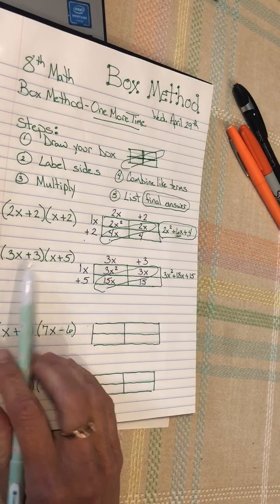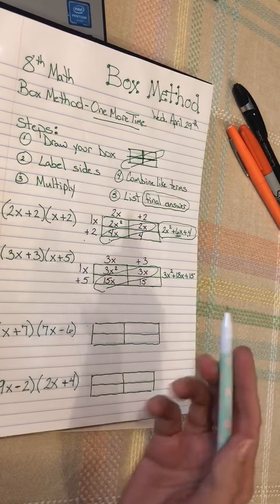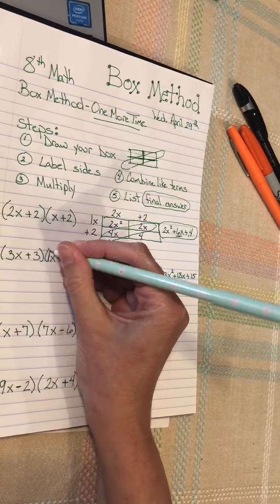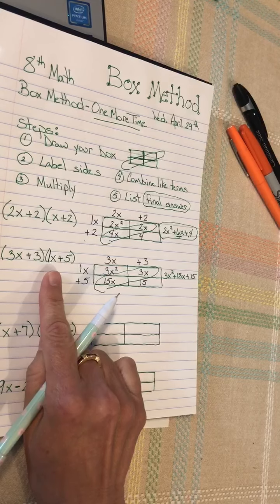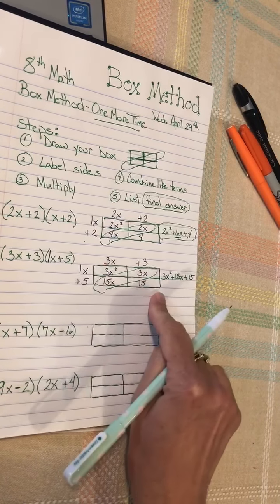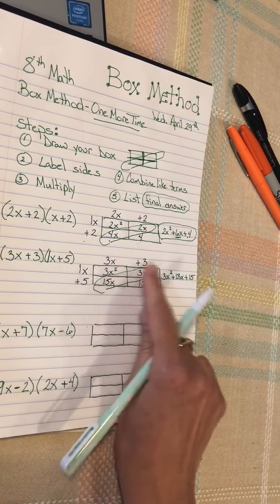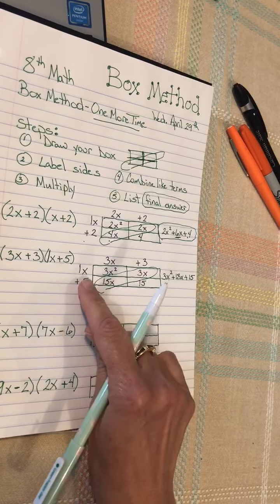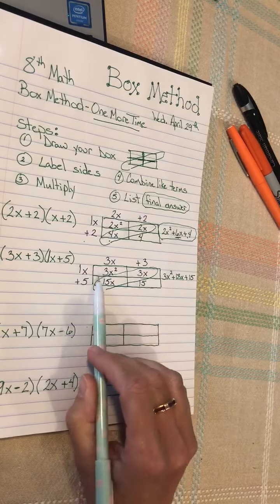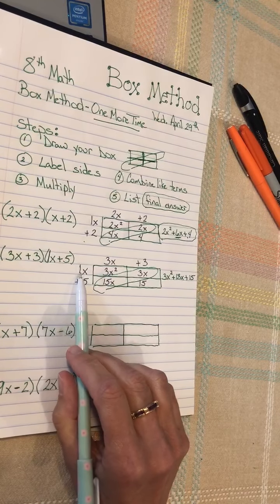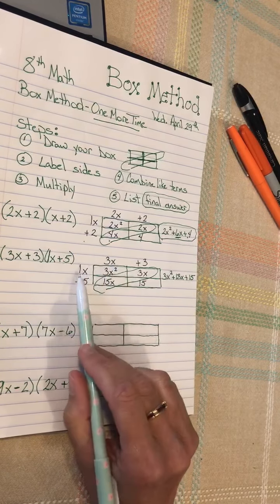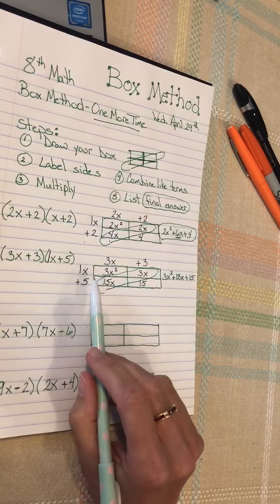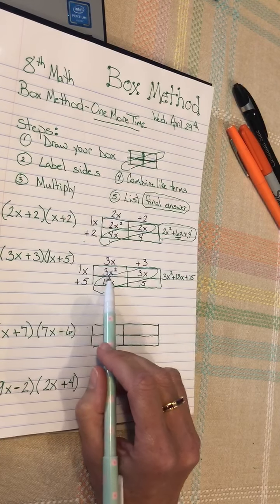3x plus 3 times x plus 5. If it helps you to put the 1 in front of the x, you can. I drew my box. Okay, I listed my terms, 3x plus 3, 1x plus 5. Then I multiplied. 1x times 3x. 1 times 3 is 3, and x times x is x squared.